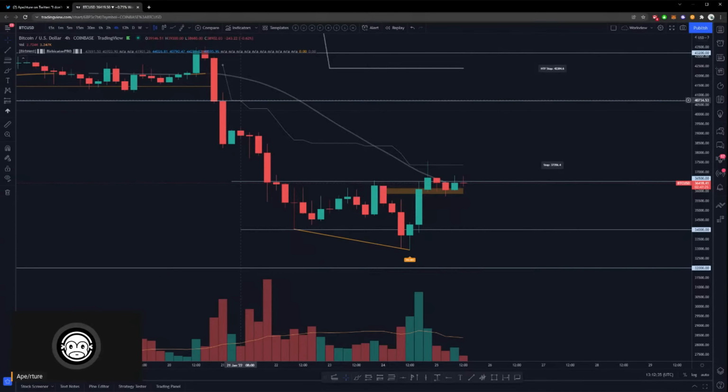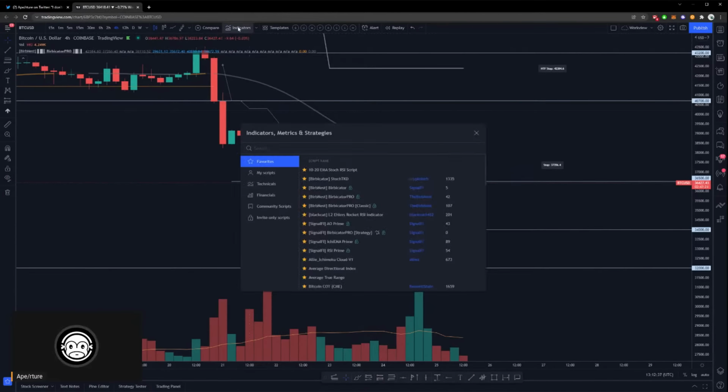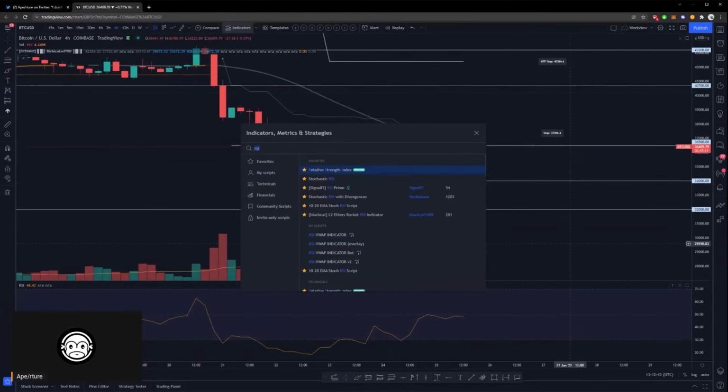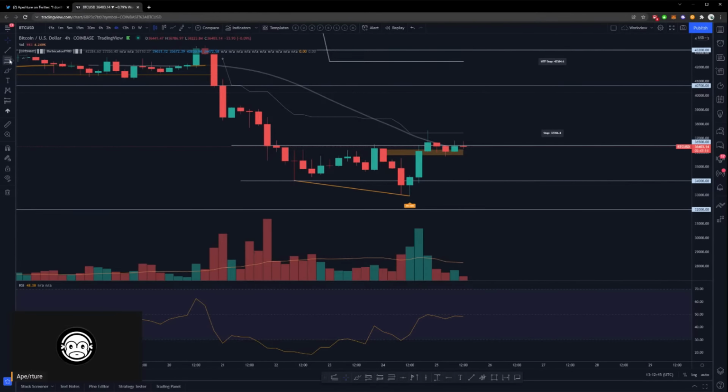And I could, for example, also put on the RSI, which is one of these indicators in here, to have a more familiar view for those who use an RSI. And you can see that there was divergence forming, and then there was that rally.